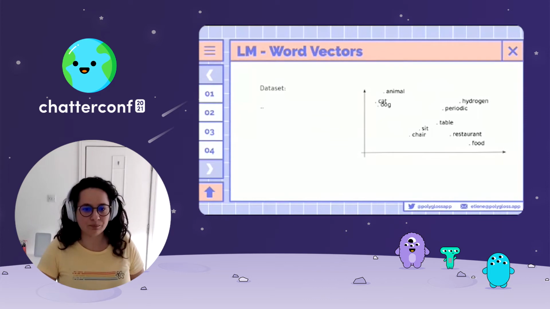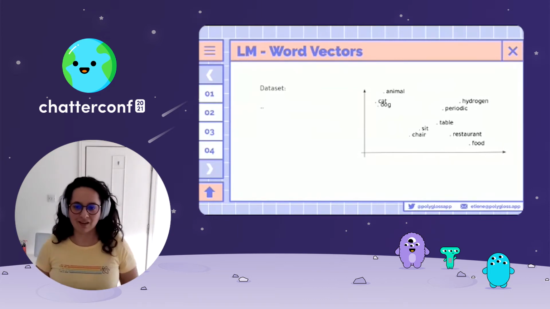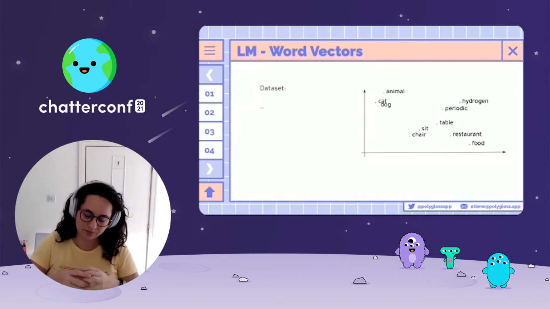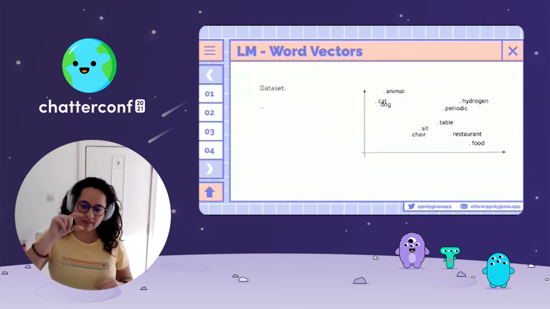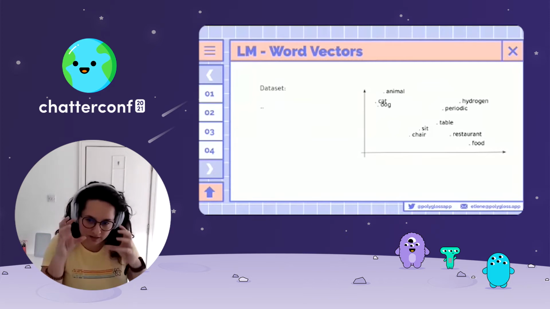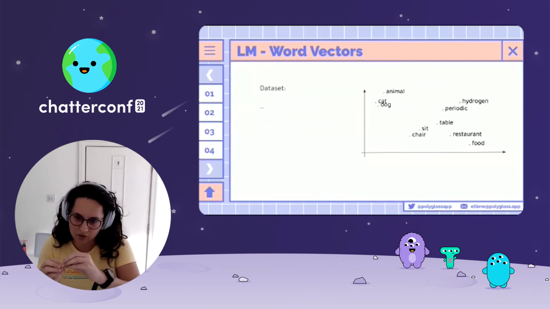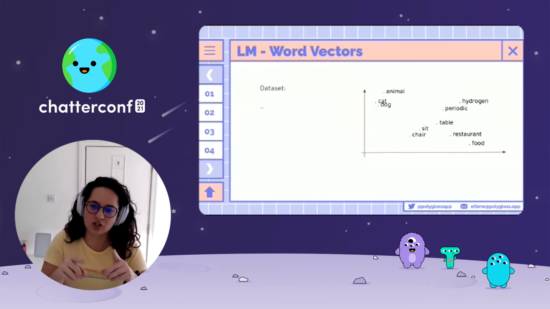And the beautiful thing is that in the end, the words will naturally gravitate towards each other, forming these clusters, right? And they are clusters of similarity. You can see in this chart that there is something about how these words are closer to each other, where it means something.